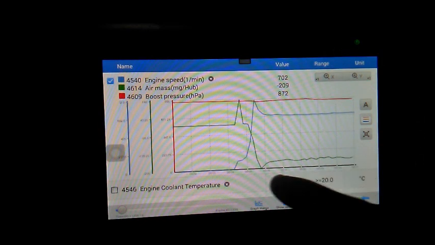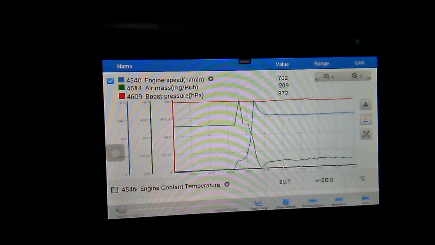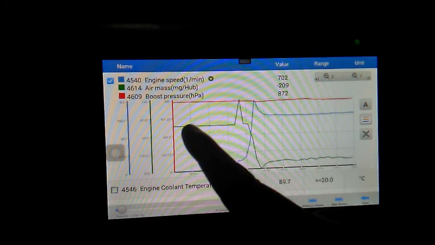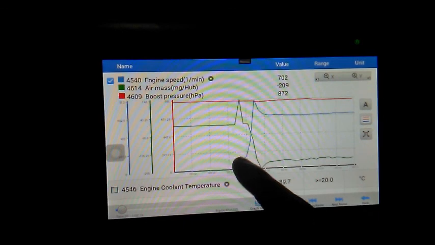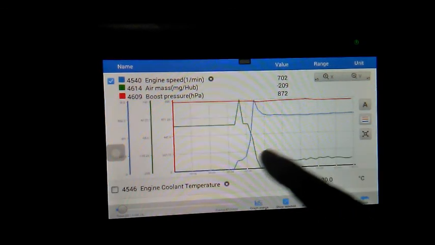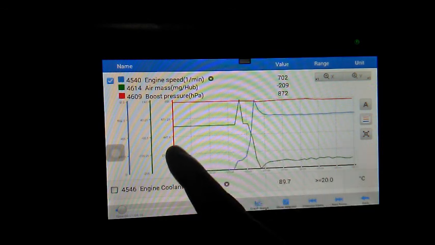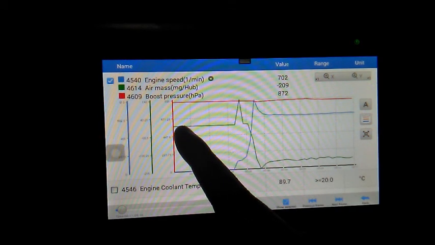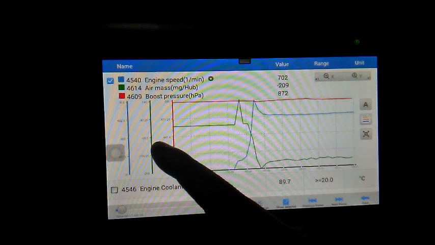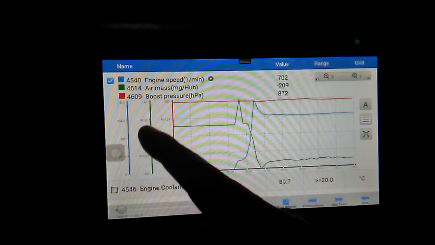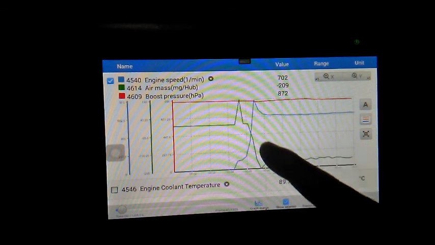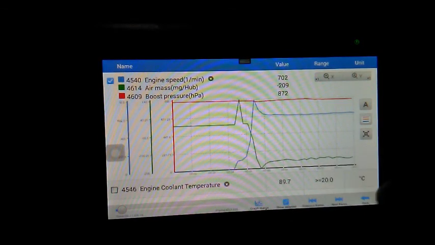The only thing that doesn't look normal is the air mass, because it is negative, as you can see, in green. The moment you crank the engine, you see the RPM increasing from 0, and the mass airflow reading is at roughly 0, and then the moment I crank the engine, it goes to negative numbers.